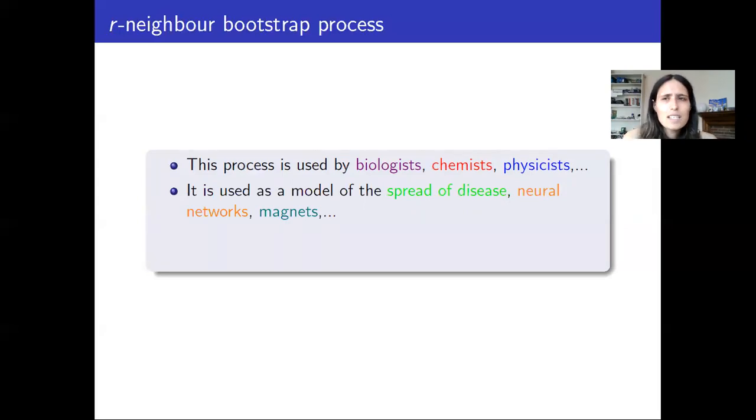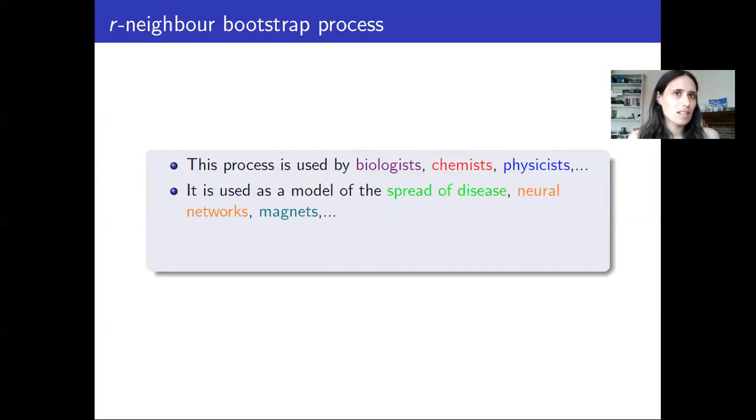I guess any real-world process where you've got something in a network, and it spreads if something is surrounded by enough of it, you can imagine that this might be a way to model it. Obviously, real-world processes are not as simple as this. For example, if three of my friends have a cold, it doesn't mean that obviously I have a cold.